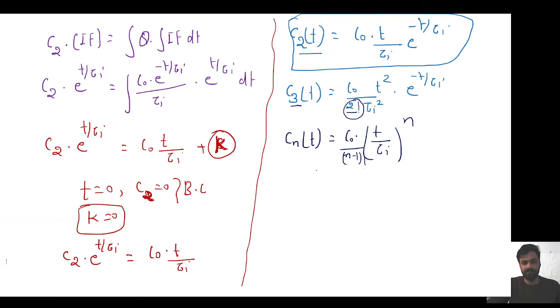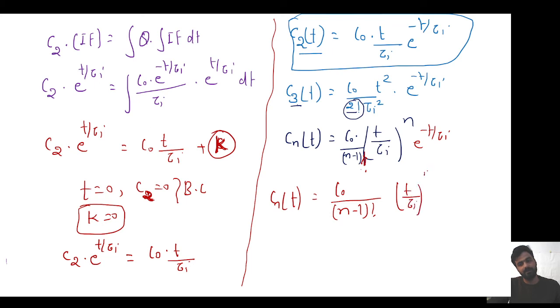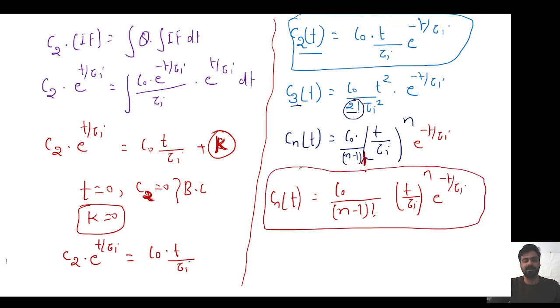So this is the recurrence relation and you can calculate the concentration at the exit of any particular reactor.